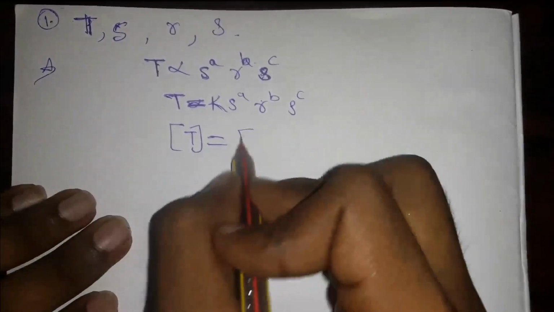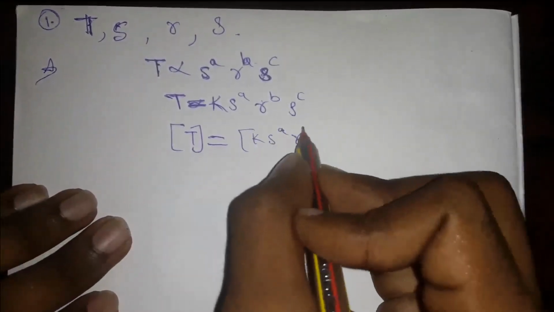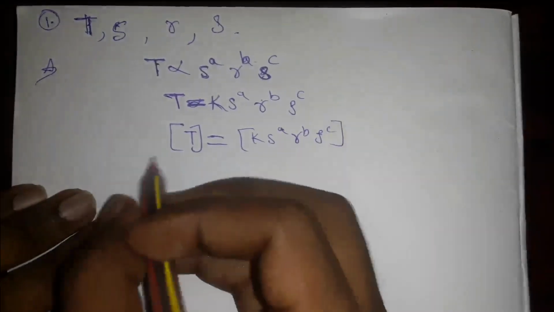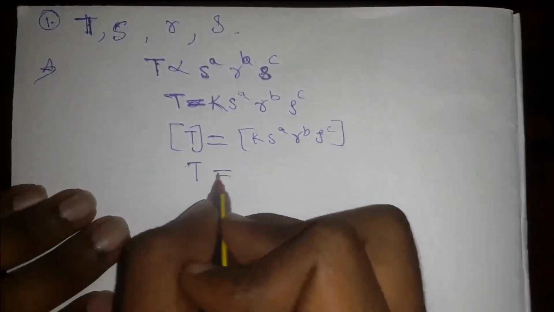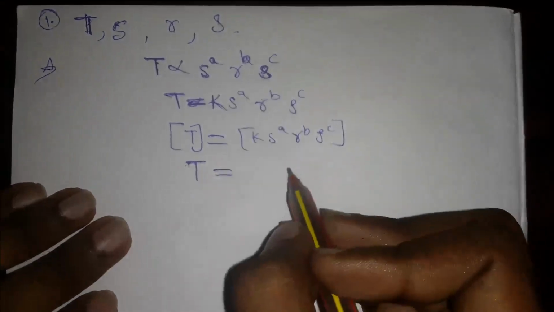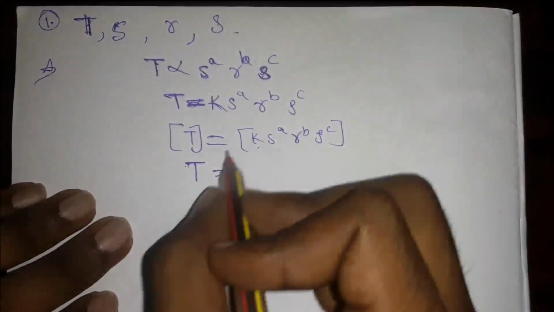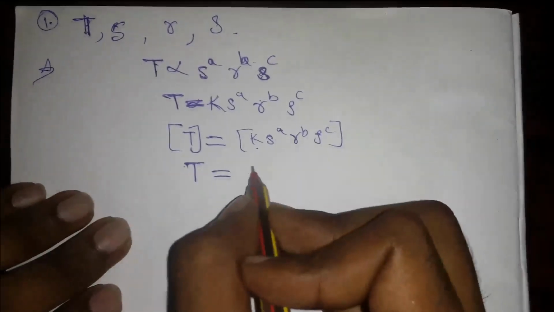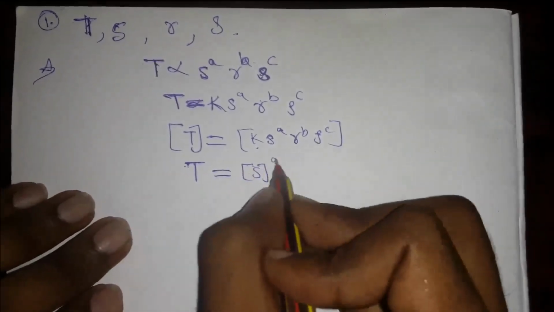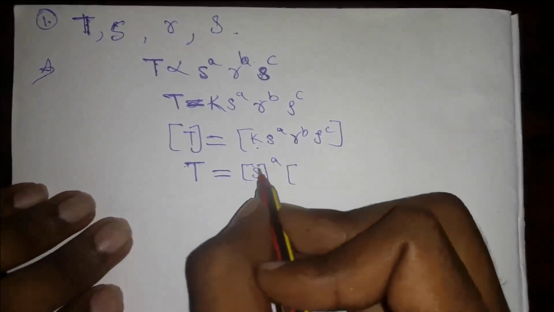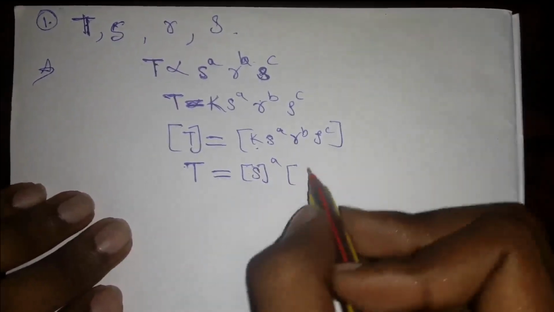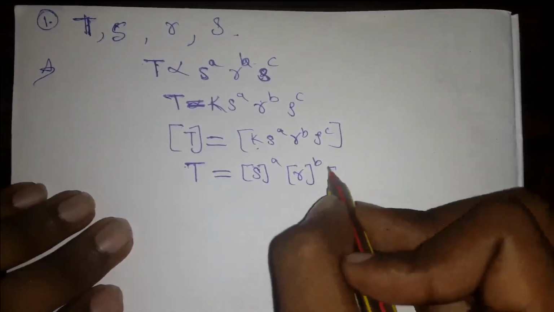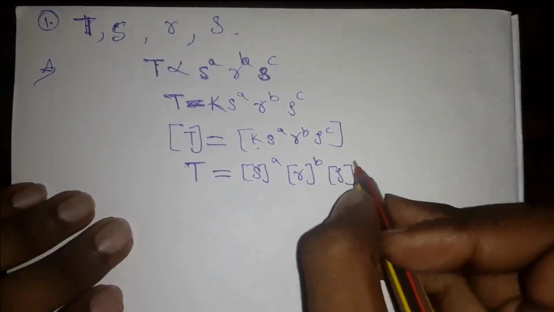Taking the dimension, we get the time period as T, and K is neglected as we are taking dimensions. S is surface tension, R is radius and rho is density.